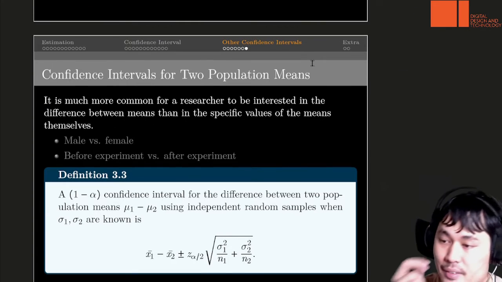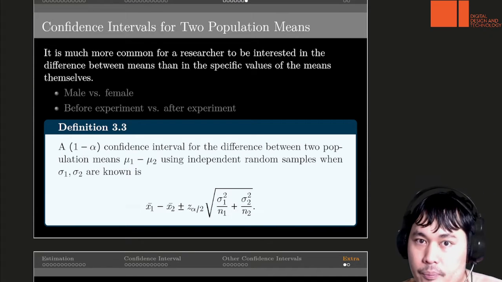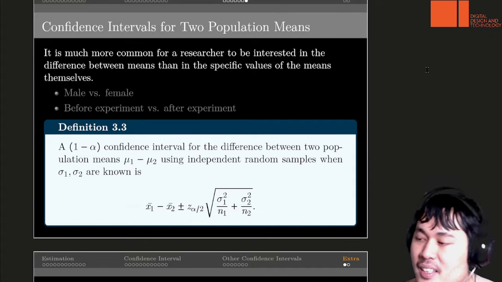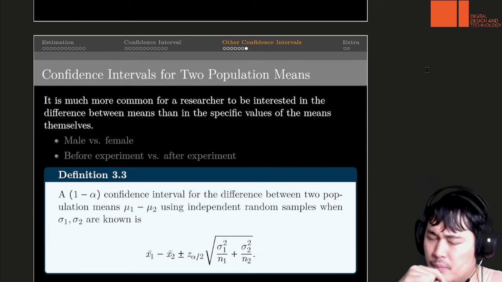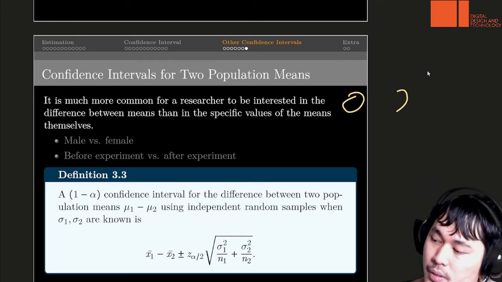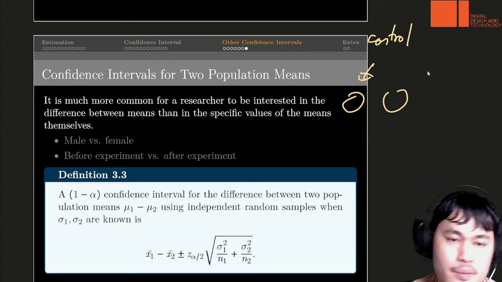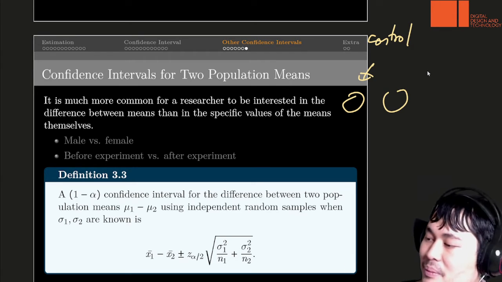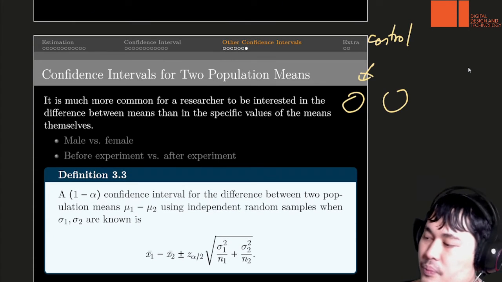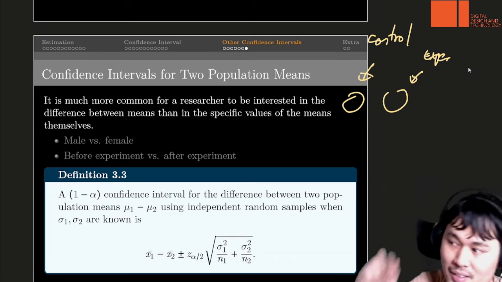And lastly, sometimes you have two groups. Or not sometimes, most of the time, if you want to conduct a study or some surveys, usually you need to divide people into two groups. One is a control group, where you just ask them to do things in the normal state, and you have the experimental group, where you fiddle with them.